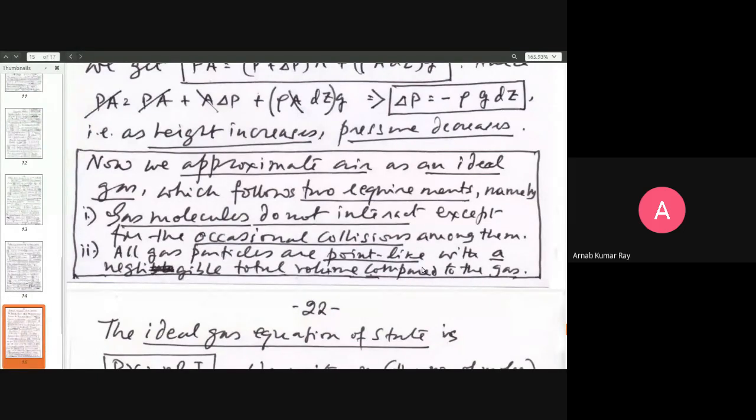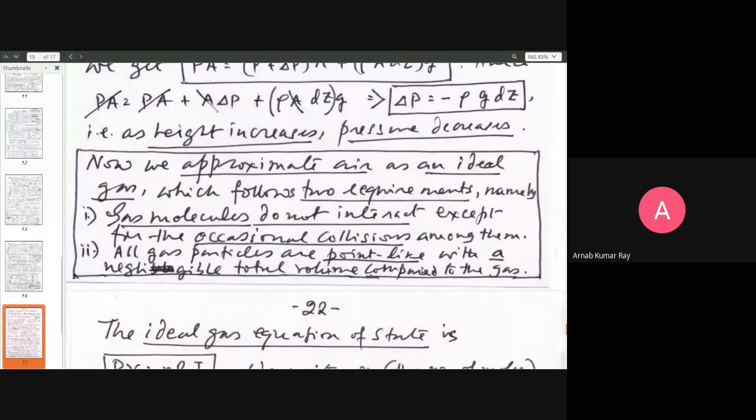For instance, if you have a cloud of electrons or a cloud of protons, they will not be an ideal gas. Why not? Because protons and electrons have electric forces of attraction and repulsion. But here we are talking about neutral gas molecules, like let's say O2, N2. These are neutral gas molecules.